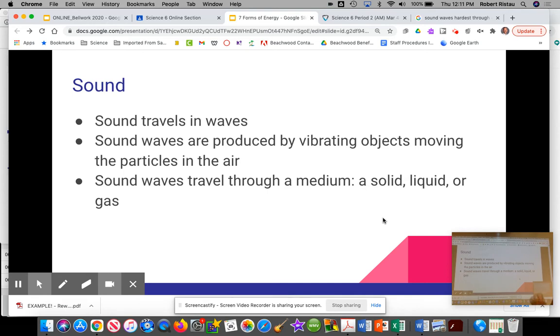Well, if there are particles that have to be vibrated as the wave is traveling through, that means for sound to actually exist, there needs to be something for it to travel through. In other words, what we call a medium. There needs to be matter there. And it doesn't matter if it's a solid, liquid, or gas.